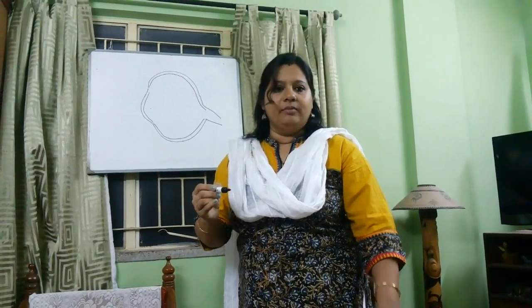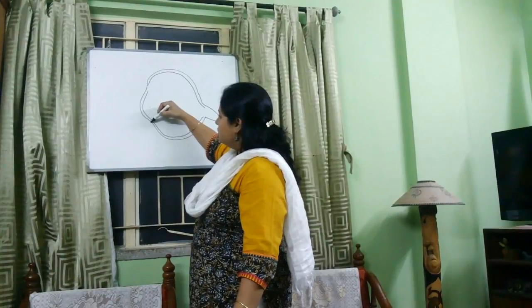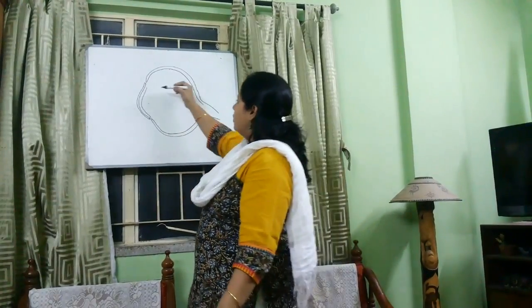The front portion of sclera is transparent, that is called conjunctiva. Just behind the conjunctiva, the region is known as cornea. All of us see this white portion in our eye.